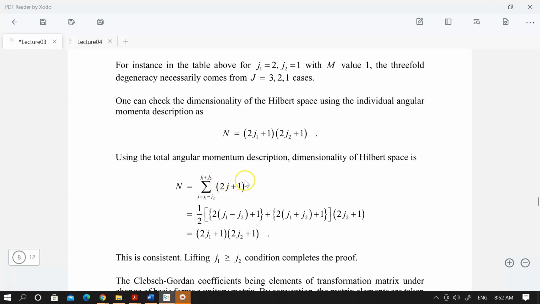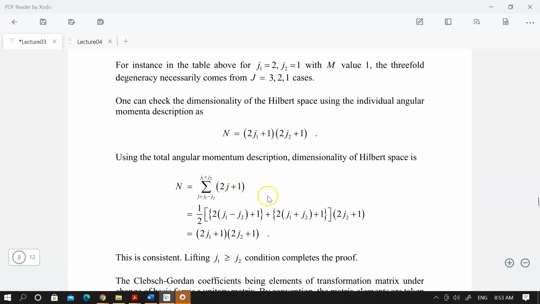For each J state of the total angular momentum, we will have 2J plus 1 coming from the different M's, but your J runs from J1 minus J2, the smallest value, to the topmost value, J1 plus J2. The difference from one to the next is just 1, an integer.